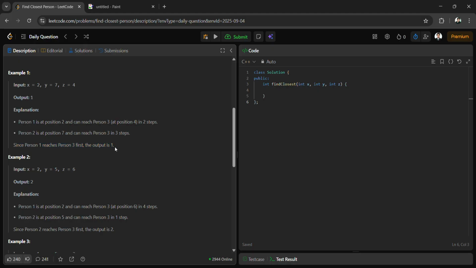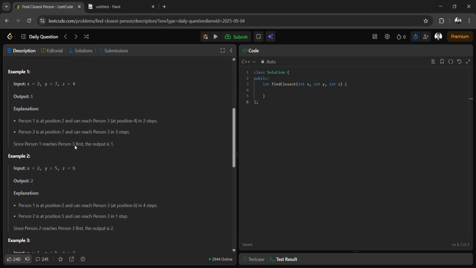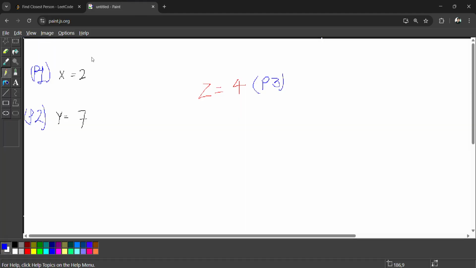Let's try to understand this problem with respect to example one. Let's suppose we have variables x, y, z, where x and y are movable positions and z is a fixed position.